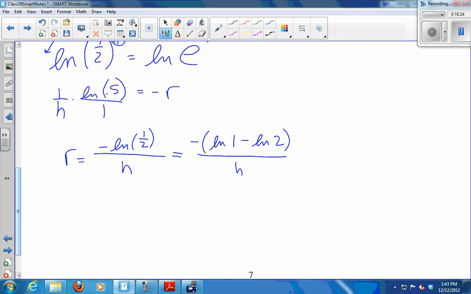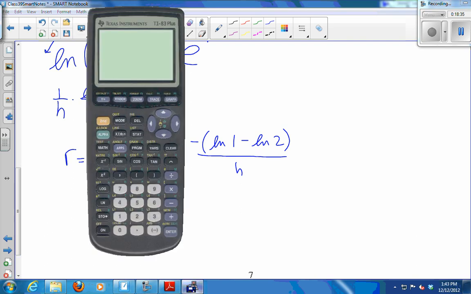Distribute this negative sign. Well, first, what's the ln of 1? No? Good guess, though. Use your calculator if you want. It's 0. The ln of 1 is 0 because when I put the ln of 1, I'm asking you e to what power will give you 1, and it would be the 0 power.